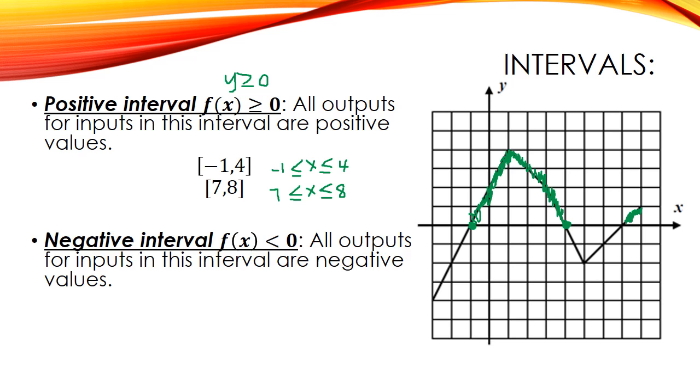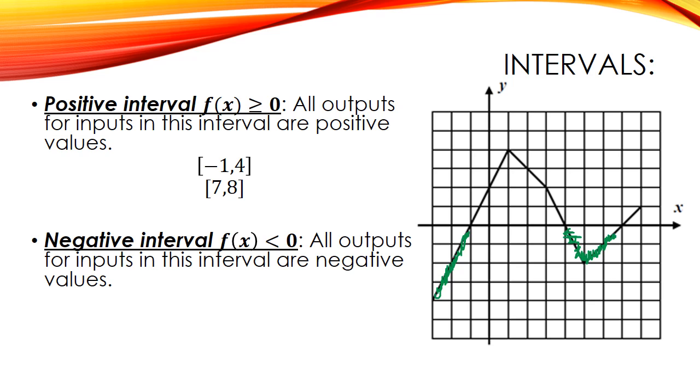Now let's talk about a negative interval, where the y value or f of x value is less than 0. So again, let's take a look at the graph. We'll find out that the graph includes parts where the y values are negative, and these pieces, this is the first one, and this is the second one, and this is the third one.